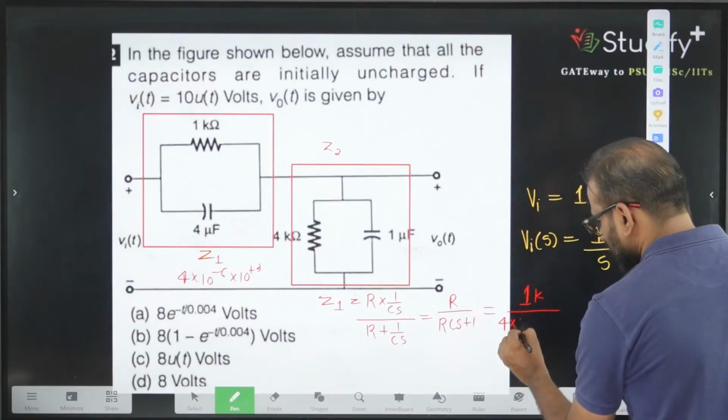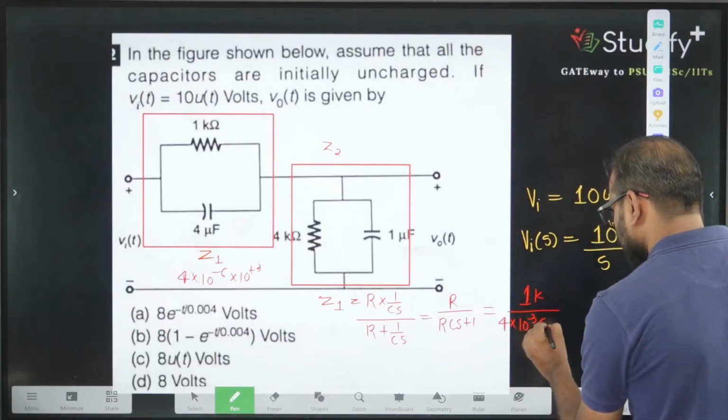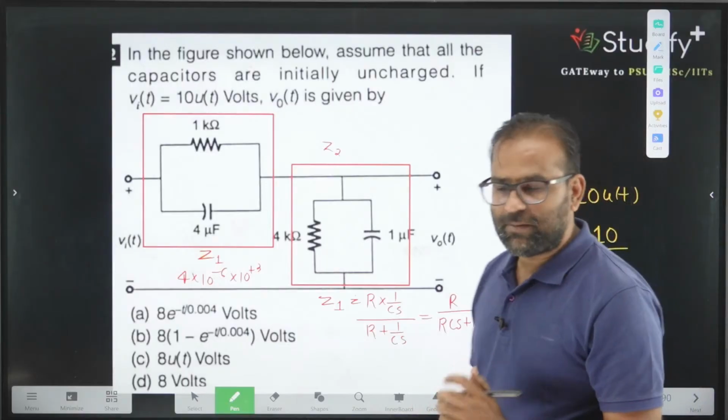So the denominator is 4 into 10 raised to the power minus 3 S plus 1. This is our Z1. What is Z2?